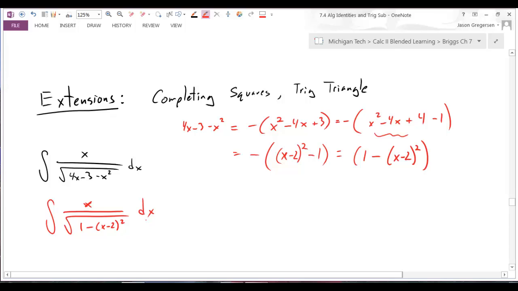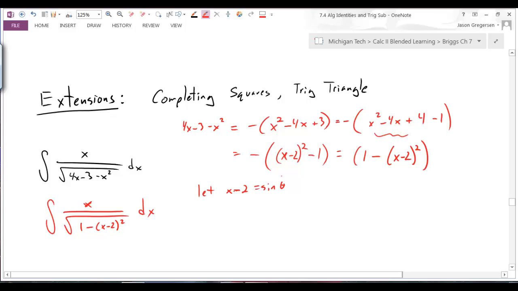Normally I let x equal a, and if it was 1 minus something squared, it'd be sine theta. I wish this would turn into sine squared theta. So I'm going to let x minus 2 equal sine theta.